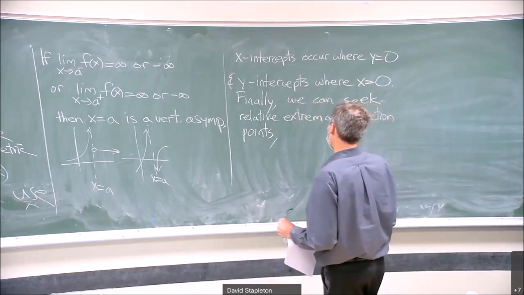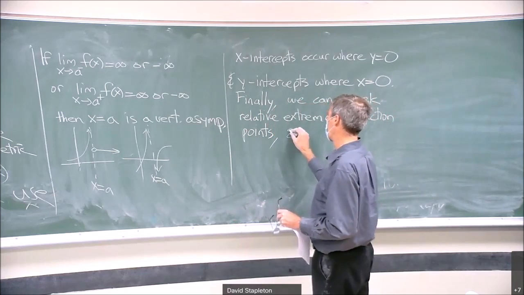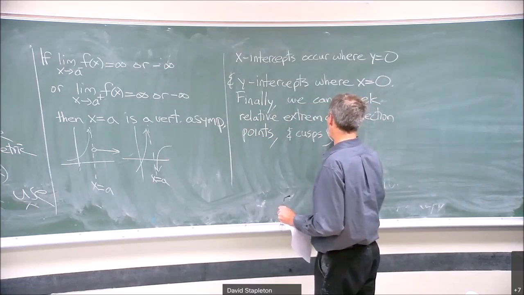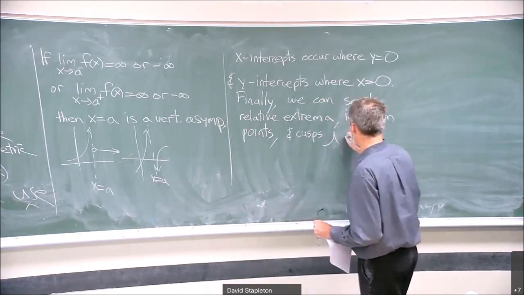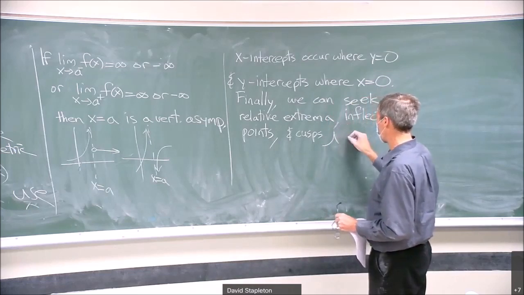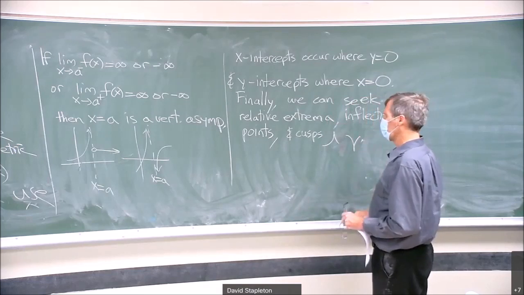There are some others like cusps. These are things where you get an infinitely sharp point upwards or downwards. The curve tends towards infinity on one side and minus infinity on the other. I don't think we'll do any of those here.